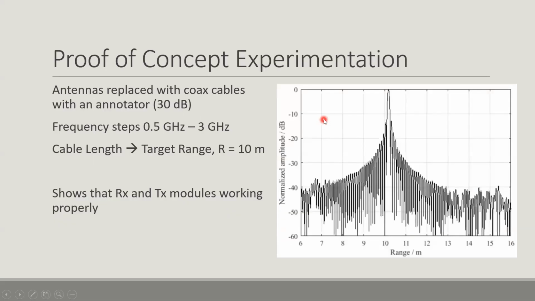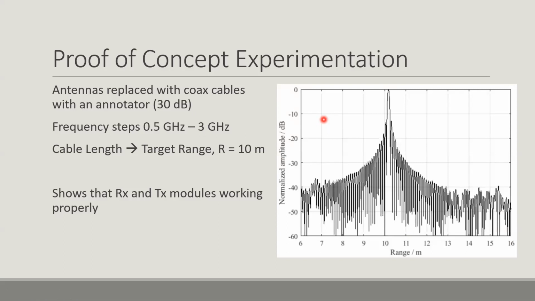So next we talk about the proof of concept experiment that's performed to test the 3 modules. And this is a similar process that would be performed in the labs of my work to test the up converters and the down converters. So it's very simple. You basically just replace the antenna port with both the TX and the RX antenna ports with a coax line with an appropriate attenuation going directly from those 2 channels.